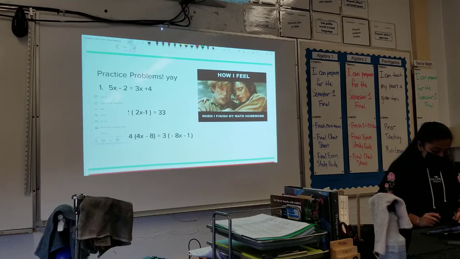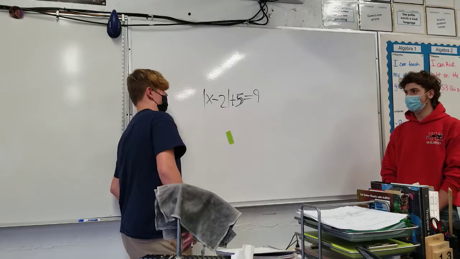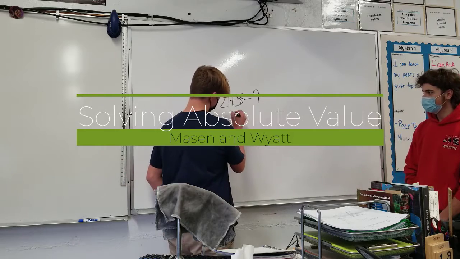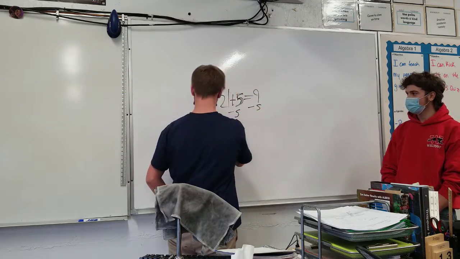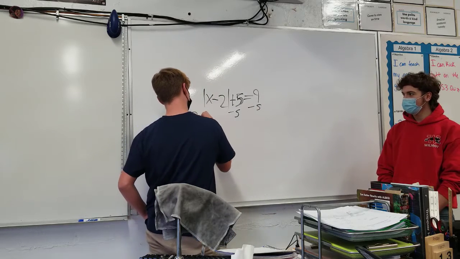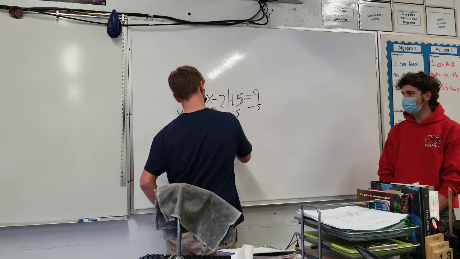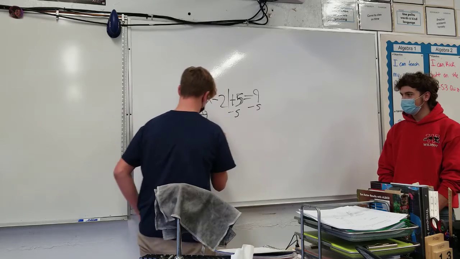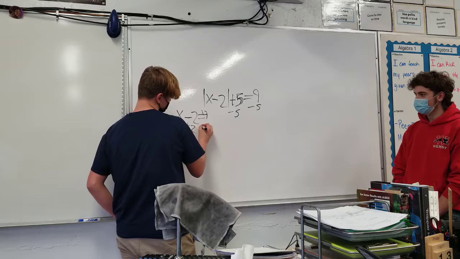And then these are the practice problems. Alright, for the first step, you're going to minus 5 on both sides. And then you're going to rewrite it over here. And then you want to do a plus 2 on both sides.